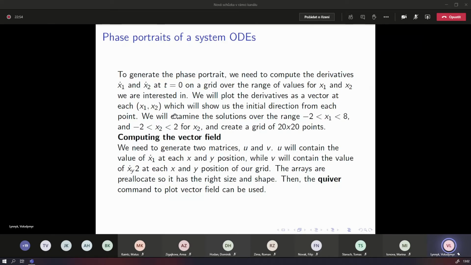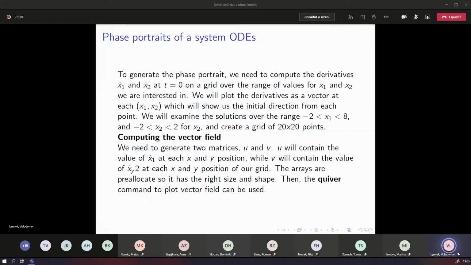To generate the first portrait, we need to compute the derivatives x1 dot and x2 dot at t equal to 0 on a grid over the range of values for x1 and x2 we are interested in, and we will plot the derivatives as a vector at each x1, x2, which will show you the initial direction from each point.